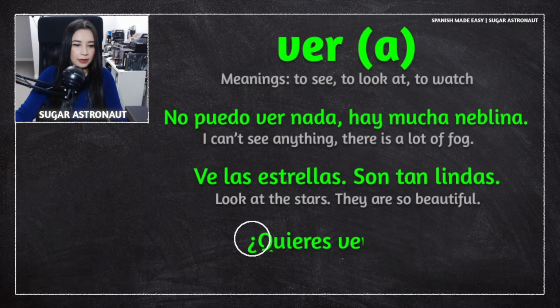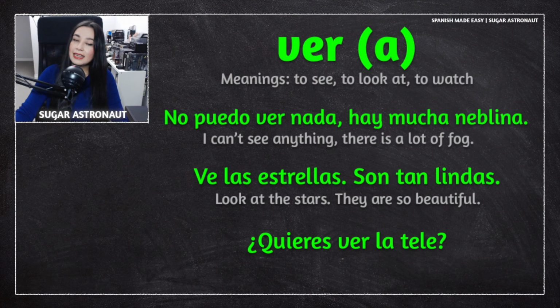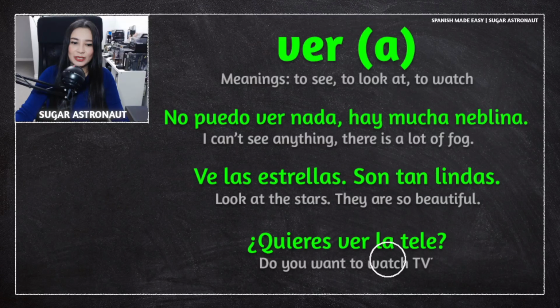The next example is, ¿quieres ver la tele? This means, do you want to watch TV? Now we're talking about watching TV. Okay. ¿Quieres is great if you want to ask someone, do you want? ¿Quieres?